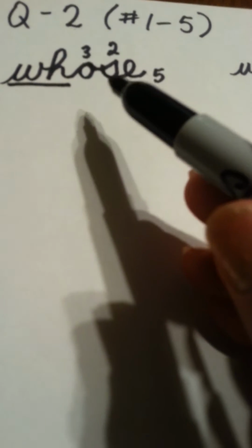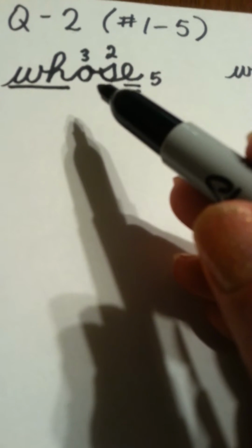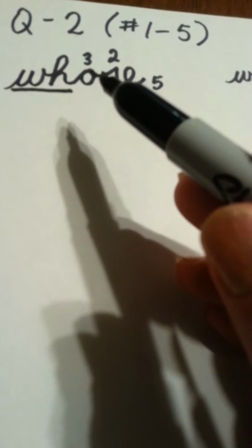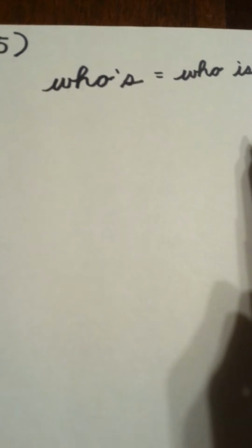Very different from this adjective question. Whose turn is it to feed the dog? It is my turn. Whose turn, adjective. Who's equals who is, very different. Who's equals who is for the contraction.